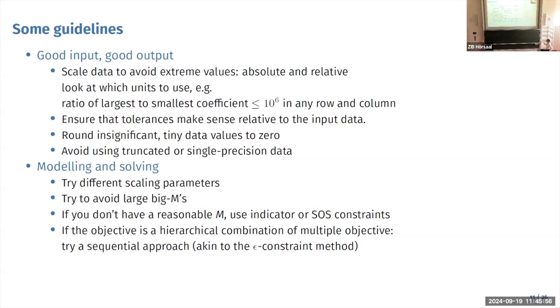The solvers all have some parameters where you can adjust how they scale the problem or try to scale the problem automatically. So there are different methods that try to automatically do what I told you to do here as a user.